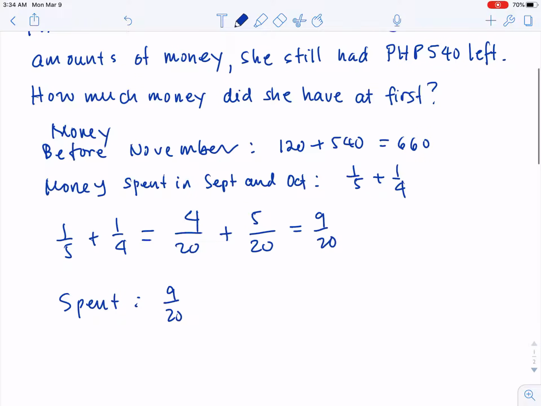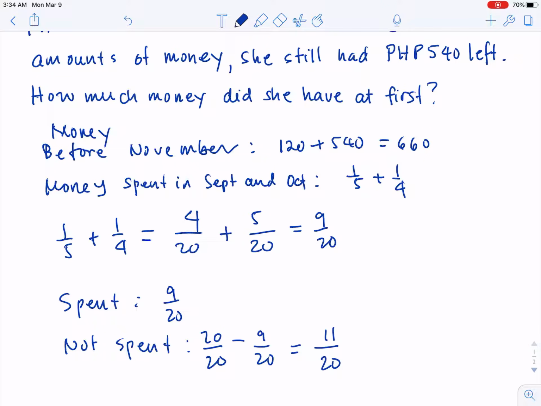Ibig sabihin, yung unspent, not spent ay yung 1, the entire amount minus 9/20th, no? Pero ang 1, pwede nating baguhin yan. Pwede nating gawing 20 o 20th. Which means na ang unspent amount natin or amount not spent ay 11/20th.